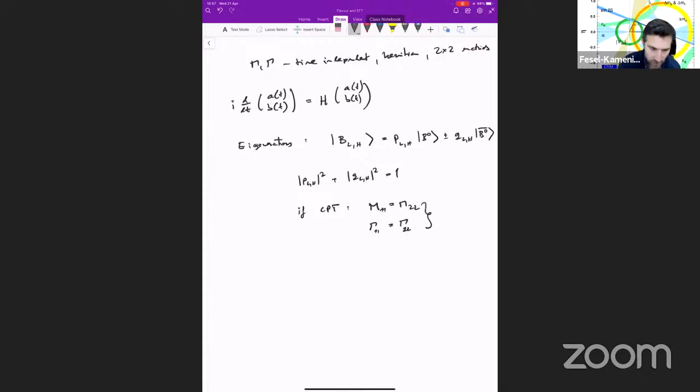And from these conditions on the Hamiltonian, one can derive that P_L actually needs to equal P_H. So in the following, we will assume CPT, and we will denote it commonly by P. And similarly, Q_L has to equal Q_H, and we will denote it simply by Q.